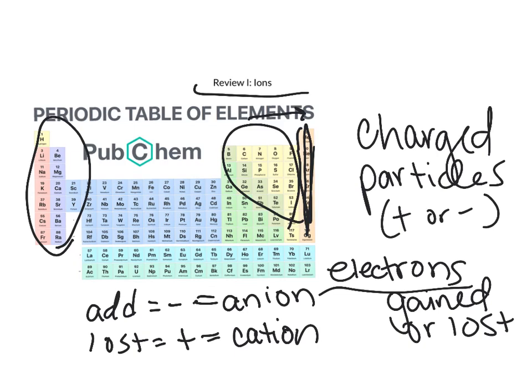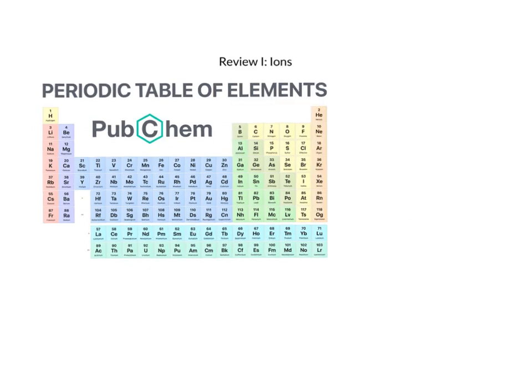One other question would be, if I were to give you an element, you should be able to tell me what type of ion it makes. So for example, let me clear my board real quick. Okay, so let's say that I give you fluorine. The way that you would figure out what kind of ion it's going to show is to see where it is on the periodic table, and you can even draw out some diagrams.